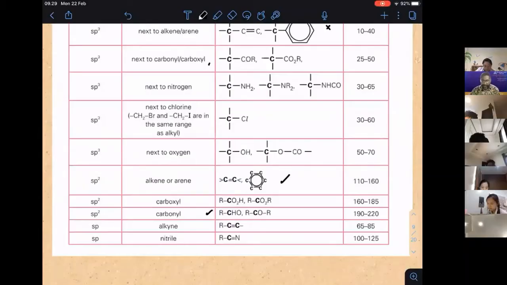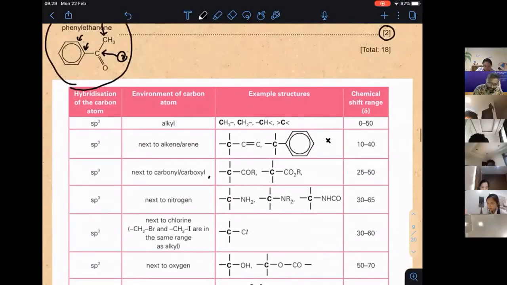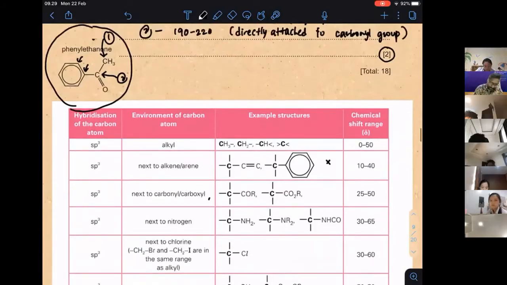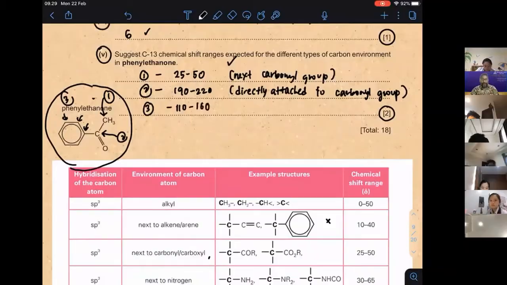So 110 to 160. If I put here, any of this will have that range. That is going to be 3. So this one is going to be 110 to 160, carbon in arenes.